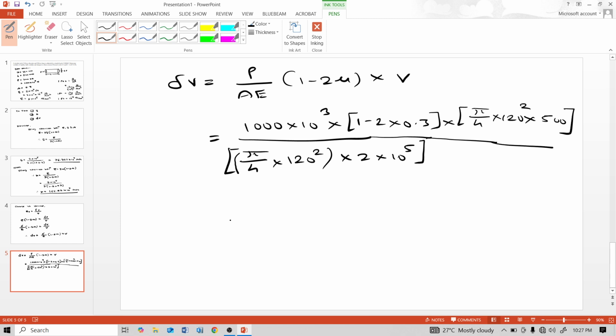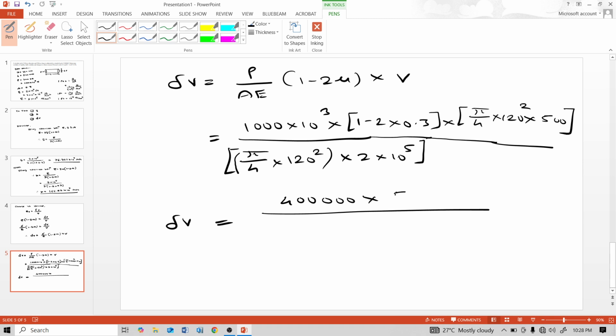After calculation of this, change in volume is calculated. 1 minus 0.6 is 0.4, so 1000 into 10 raised to 3 into 0.4, that means 400, multiplied by pi by 4 into 120 square into 500.